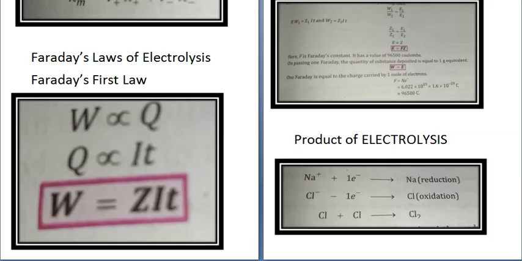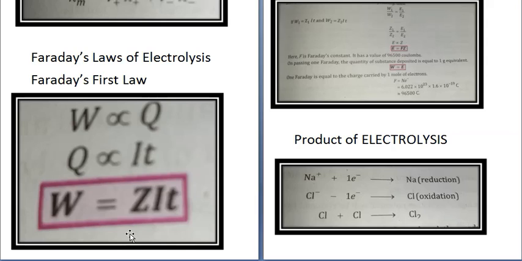So if W is the substance which is deposited at the electrode on passing Q coulombs of electricity, then W is directly proportional to Q, and you know that Q can be written as I T, so W will become equal to Z I T, where Z is called the electrochemical equivalent, I you know is the current, and T is the time.